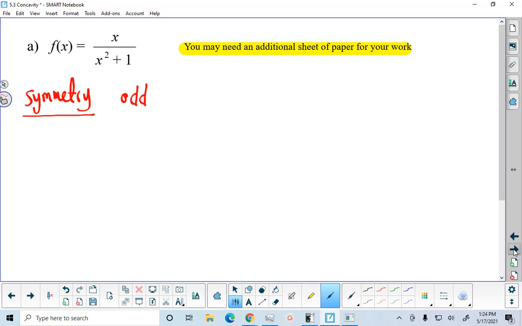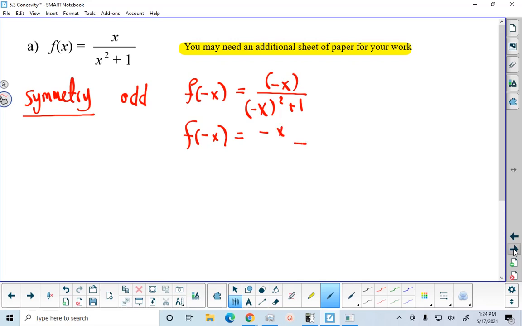If I were doing this because I was going to be marked, I would do f of negative x, and I would put negative x everywhere in the function where there's an x, and I end up with f of negative x equals negative x over x squared plus 1.